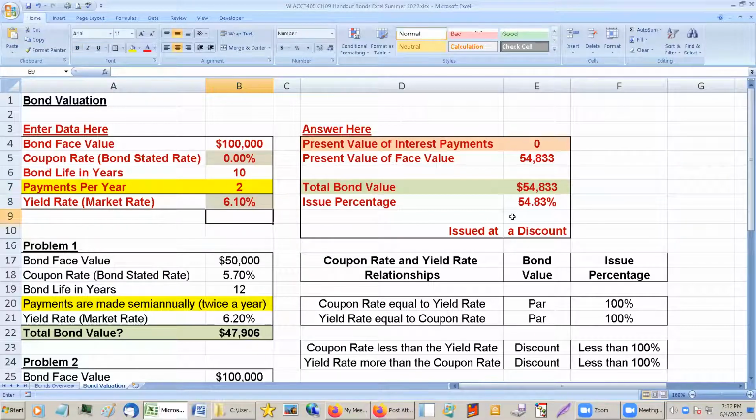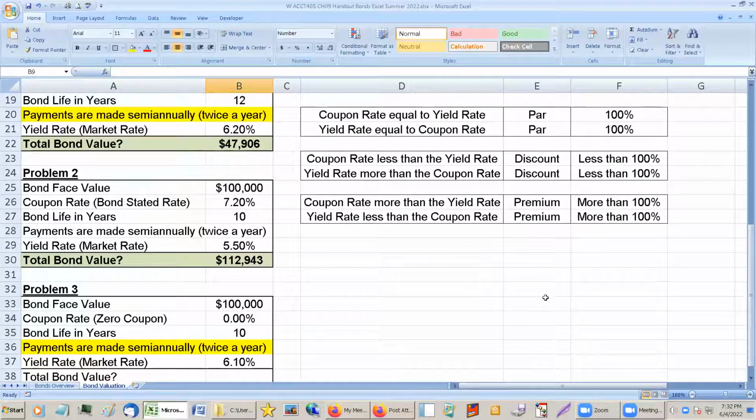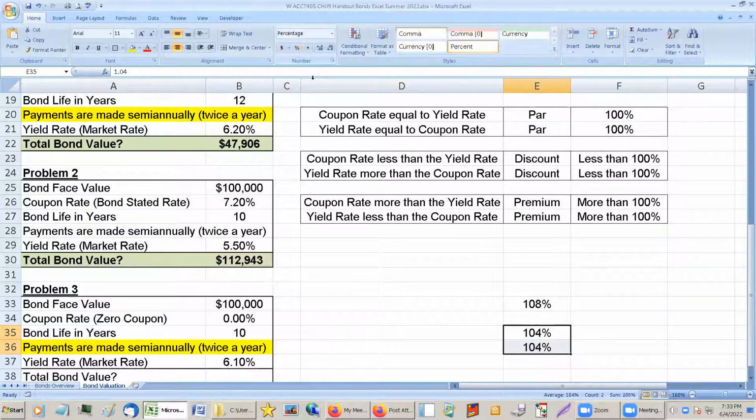And the reason being is that if you multiply, I'll show you. If something is at 108%, in other words, you're going to pay the face value plus 8%. If you pay it semi-annually, it'll be 2 periods of 1.04, which are compounded.